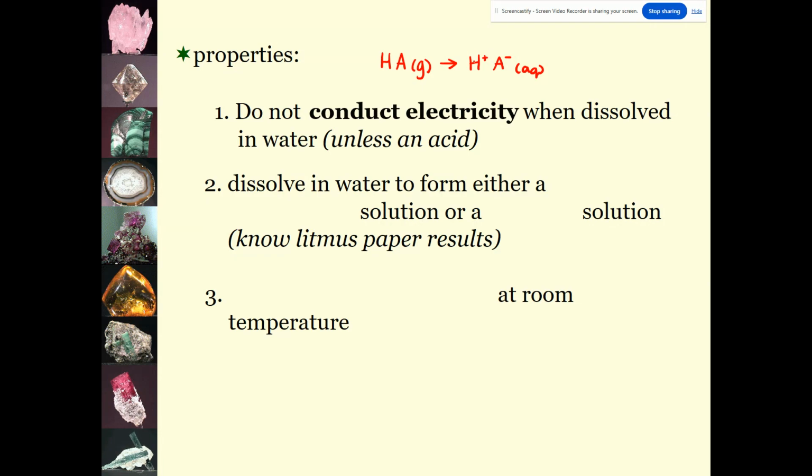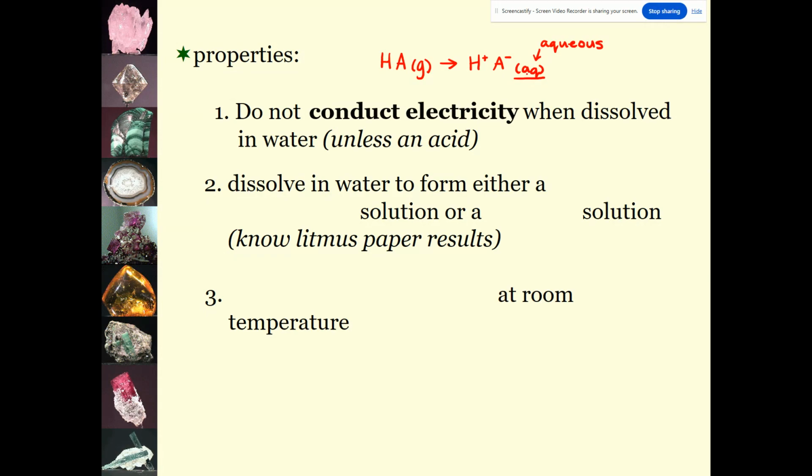So acids are hydrogen containing compounds where hydrogen's at the beginning and they've been dissolved in water. That's what AQ stands for. AQ stands for aqueous. Aqueous meaning it's been dissolved in water. Any type of compound can be aqueous, not just acids. But in order for a hydrogen compound to become acidic, it has to be dissolved in water.